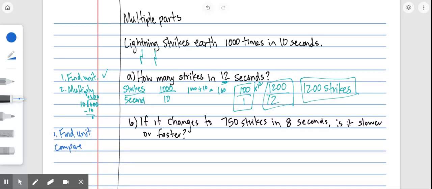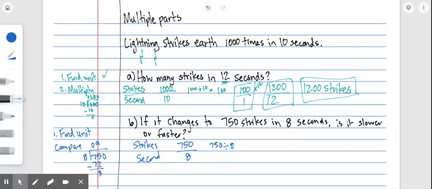Okay, so strikes per second. I got 750 in 8 seconds. So I do 750 divided by 8. 750 divided by 8. 8 goes into 7 0 times. 8 goes into 75 9 times, and that's going to be 72.